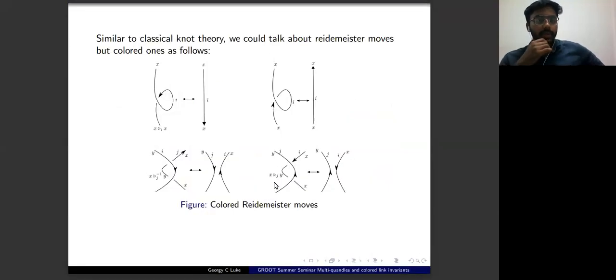Similar to classical knot theory, we can talk about colored Reidemeister moves. They are basically the Reidemeister moves, but as in the case of a colored diagram, we give the colorings to the corresponding arcs according to the color of the components of the colored link.